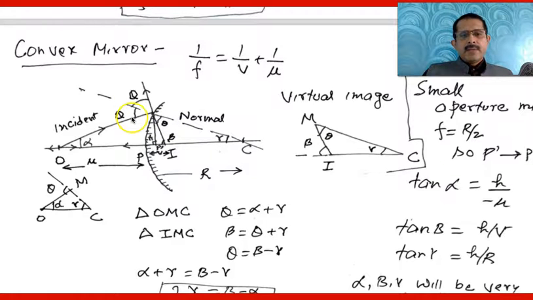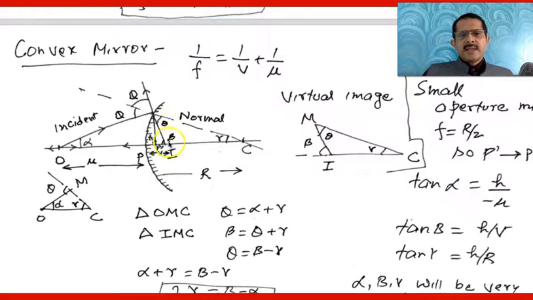Remember, if the angle of incidence is theta, the angle of reflection will also be theta. This angle and this would be vertically opposite angles, which can be proved by basic geometry, because these are two straight lines. So this is theta equal to theta.